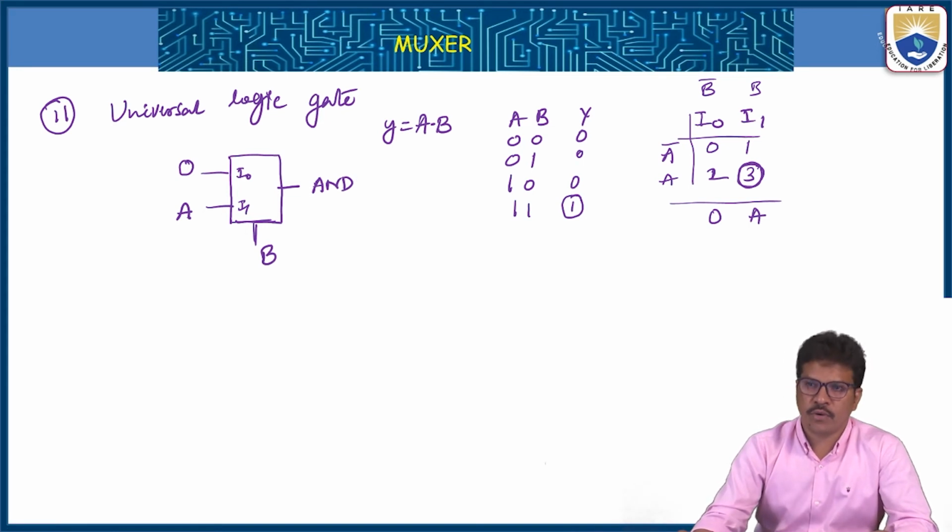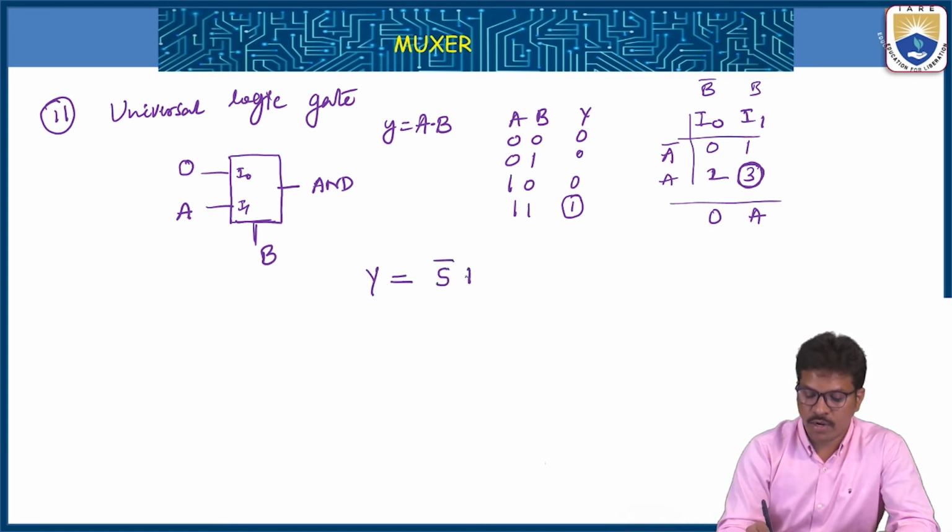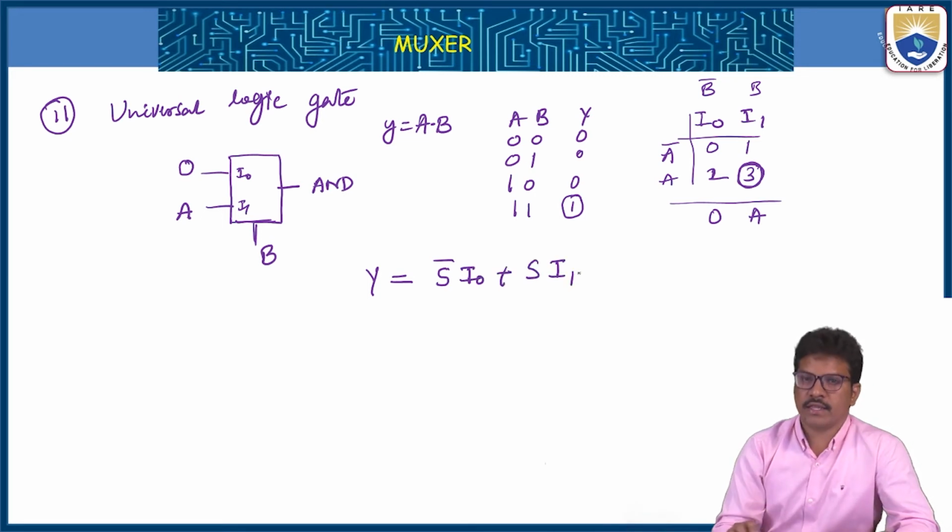And if you want to implement anything, you can take the expression for the 2:1 multiplexer, for example, S bar I naught plus S I1. You can connect in this way.